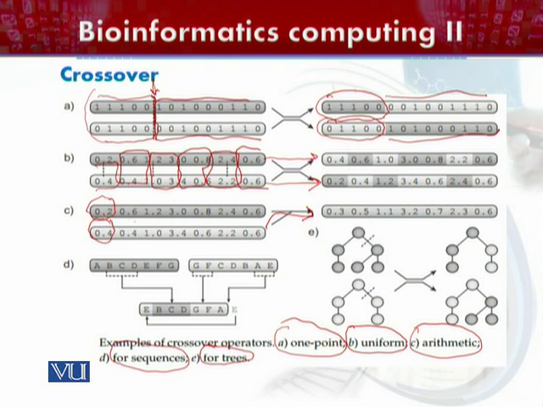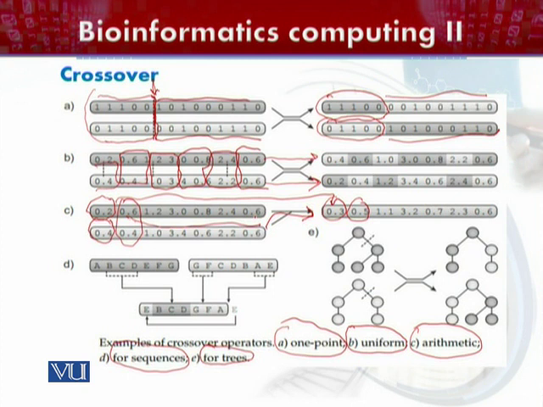The arithmetic mean of 0.2 and 0.4 is 0.3, so it will yield a new value of 0.3 here. Similarly, 0.6 and 0.4 will yield an arithmetic mean of 0.5, so the new value is 0.5 at this locus. Similarly, at all the loci of this chromosome, the values will yield their arithmetic mean to produce a new chromosome for the next generation.